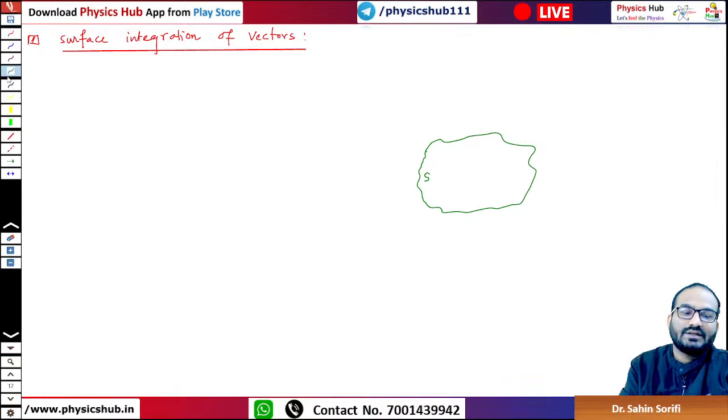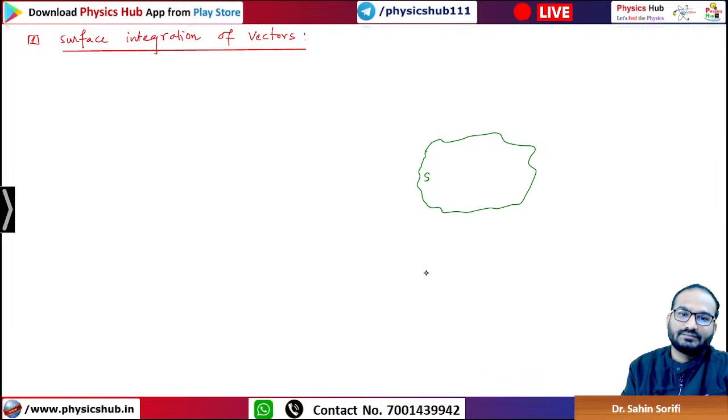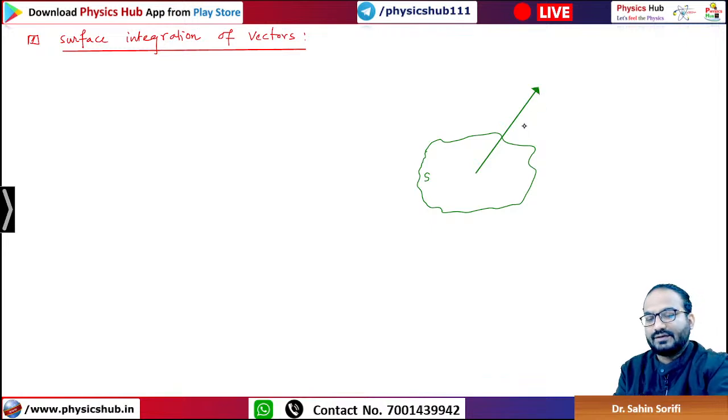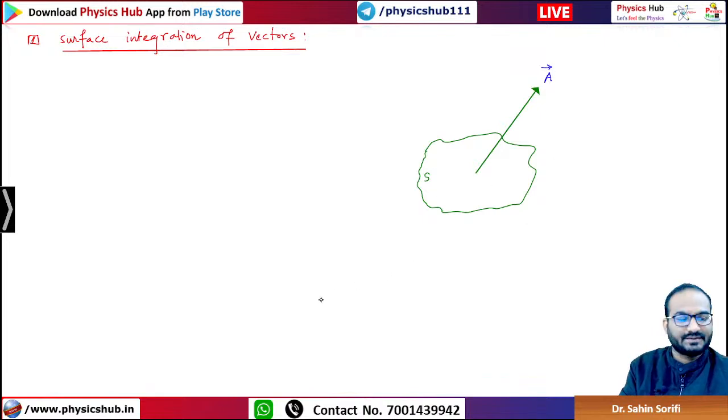Previously we had a curve and a vector function. Here also a surface will be there, and for this region there will be a vector function. So you are evaluating the surface integral of this vector on this surface. This is the main idea.